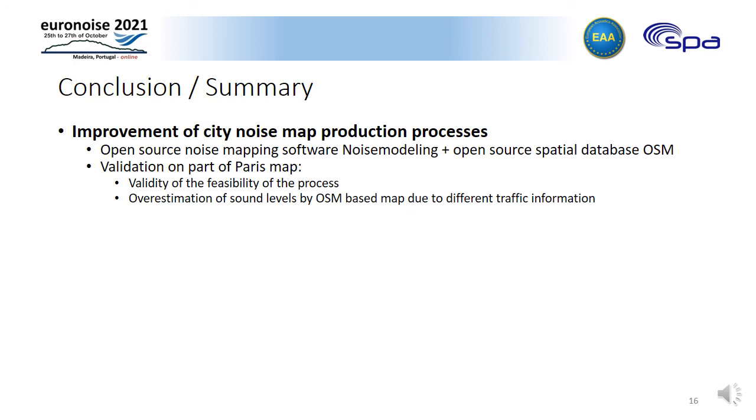The comparison between an OSM-based map and a reference map for a part of Paris validated the feasibility of the approach. It nevertheless showed some deviation for both L-den and L-night noise levels, which are probably due to the road traffic data used for the OSM-based map, estimated from the road type using the empirical laws given by the good practice guide, that might not be adequate in this case.